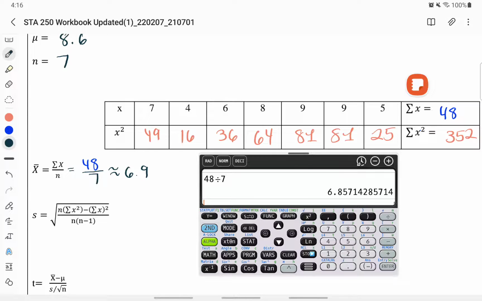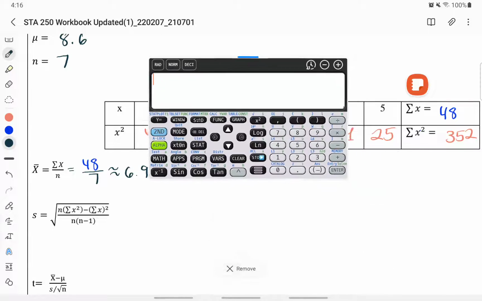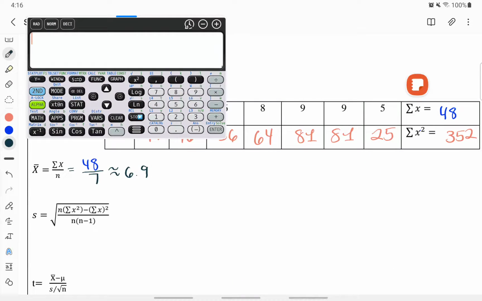Now, we need to find our standard deviation for our sample. Let's plug in the values. S is equal to the square root of n, which is 7, times the sum of x squared.